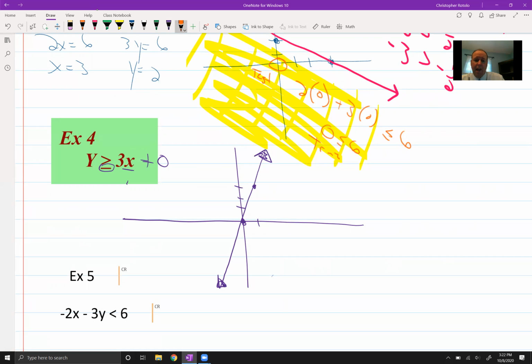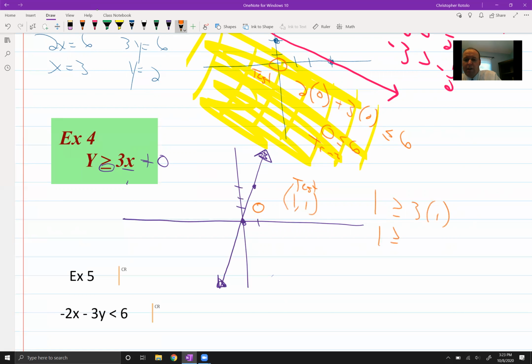You're allowed to pick any point you want anywhere on this entire graph. My suggestion is take an ordered pair that repeats. This is the point 1, 1. Why do we do that? Because if I put it in backwards, it really doesn't matter. Because if y is 1, I want to know if 1 is greater than or equal to 3 times 1.